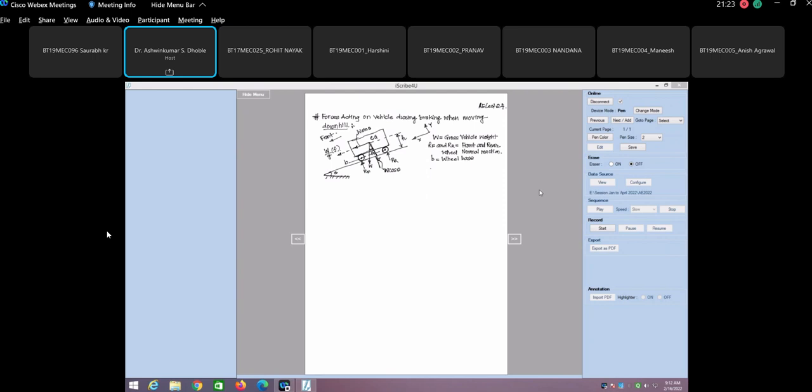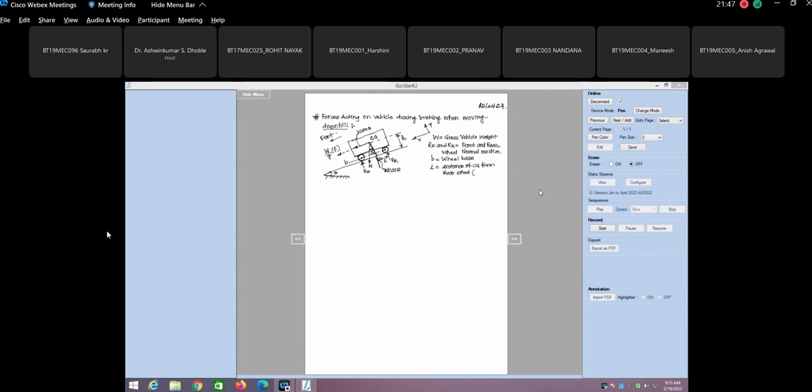Then l is the distance of CG from the rear wheel.